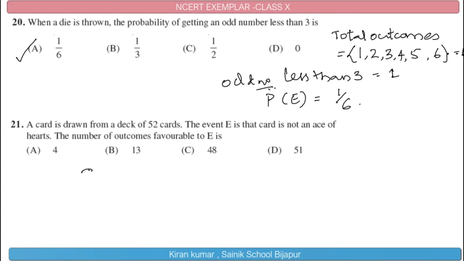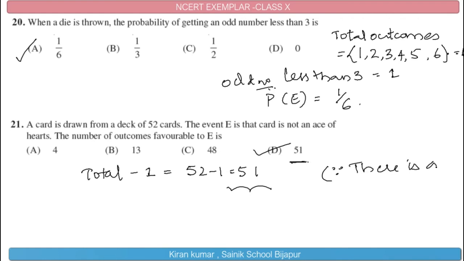So 52 minus 1 is 51. So this verifies option D is the right answer, because there is only 1 ace of hearts. So only this card is left out, and the total number of cards will remain 51.